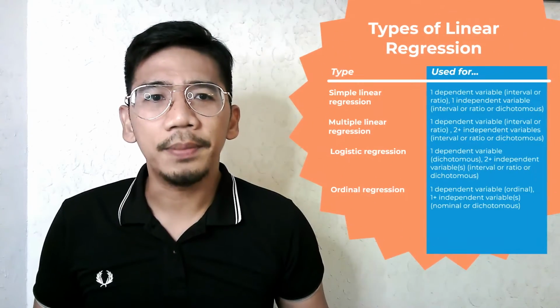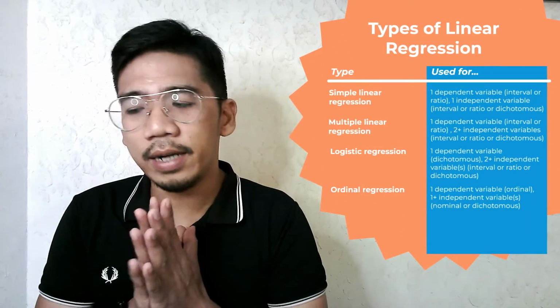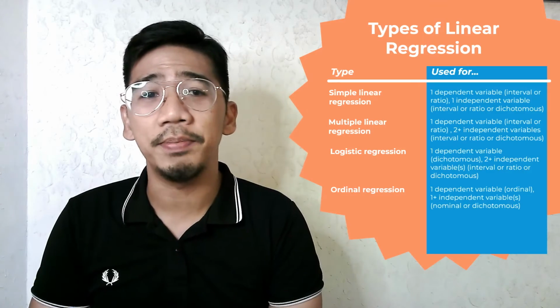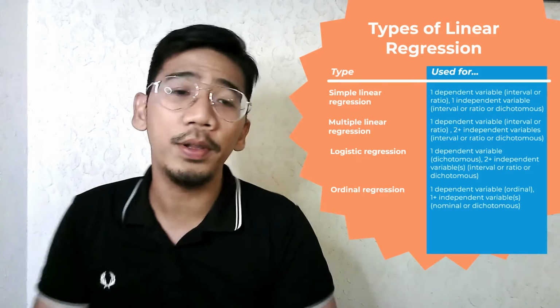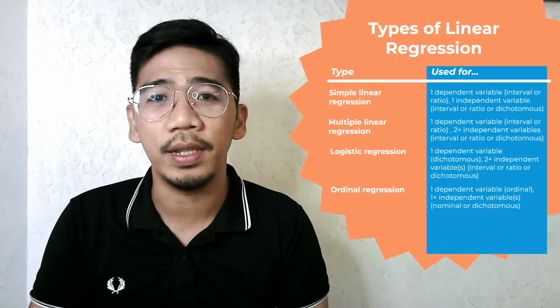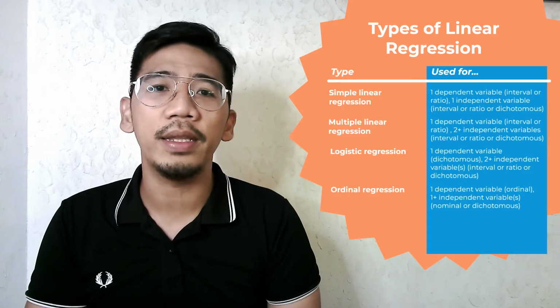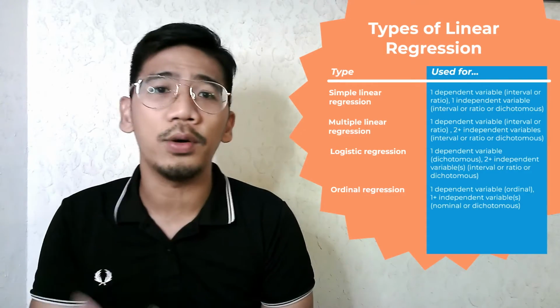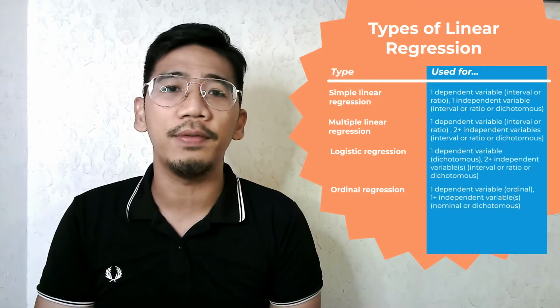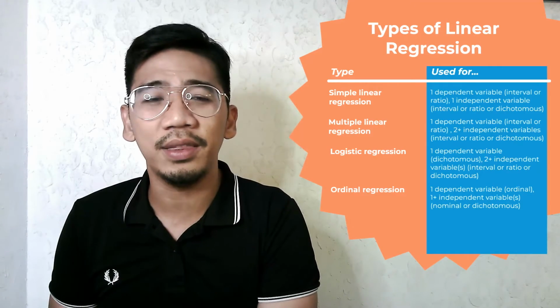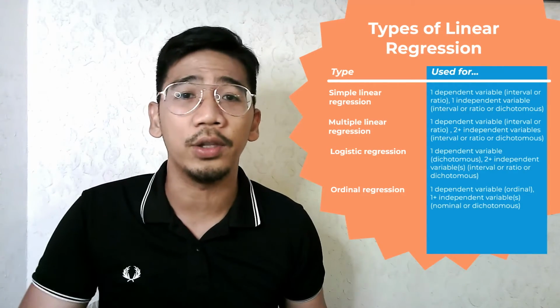So, linear regression has many types. You have simple regression, which is the focus of this video, where you have one dependent variable, which is interval or ratio, and one independent variable, which is interval, ratio, or dichotomous.